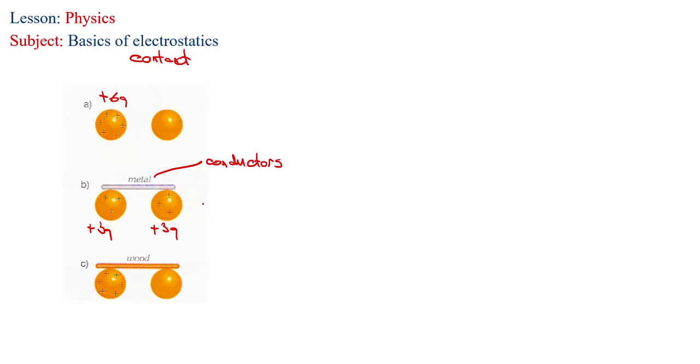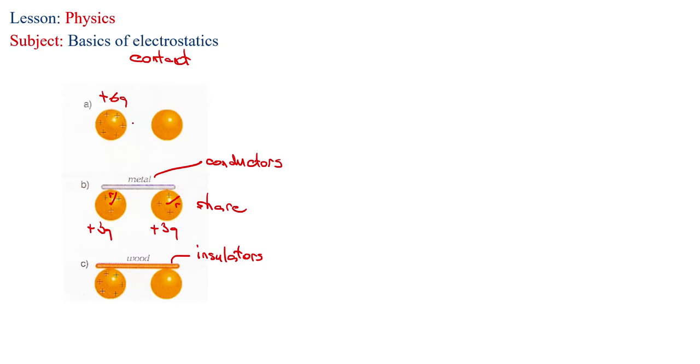So they share the charges equally because the sizes of these spheres are equal. If I take the radii of these two balls, they are equal. So in the third picture, you see that if we connect them with the wooden rod here, the charge will not pass through it. So materials such as wood are called insulators.